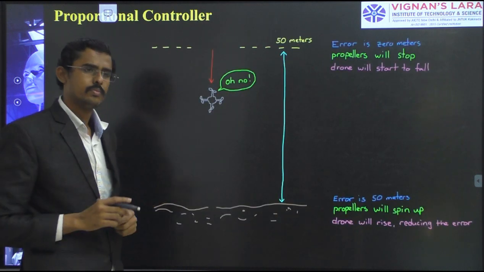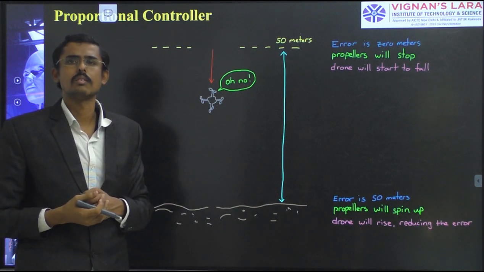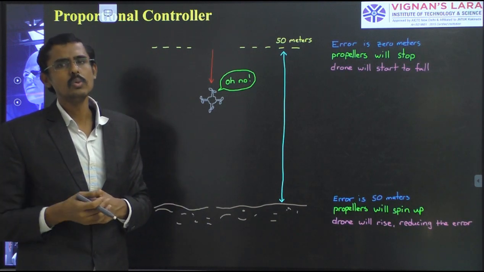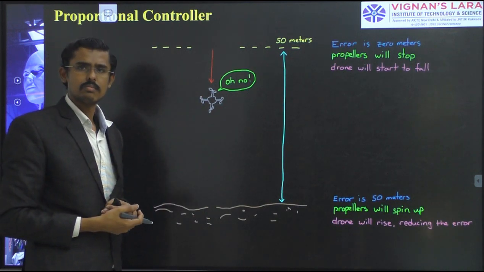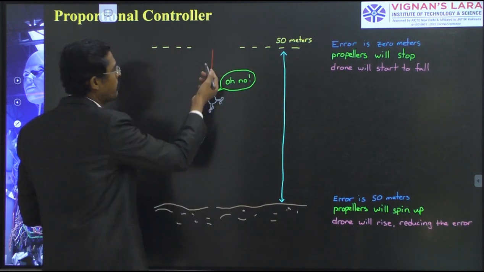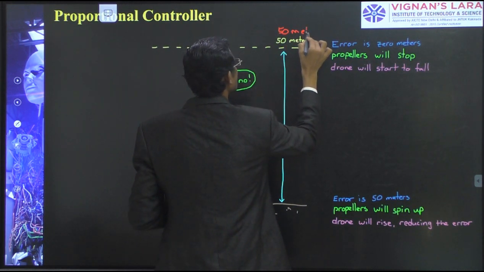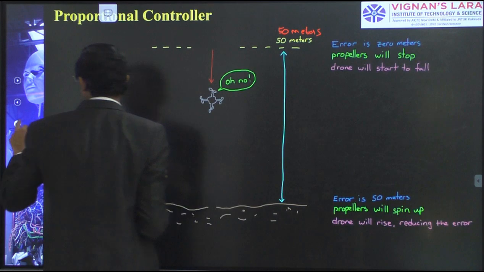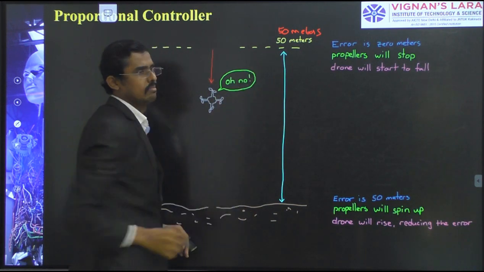Now I am taking one more example for the proportional controller. I want to lift an aircraft up to 50 meters, from one end to the other end.